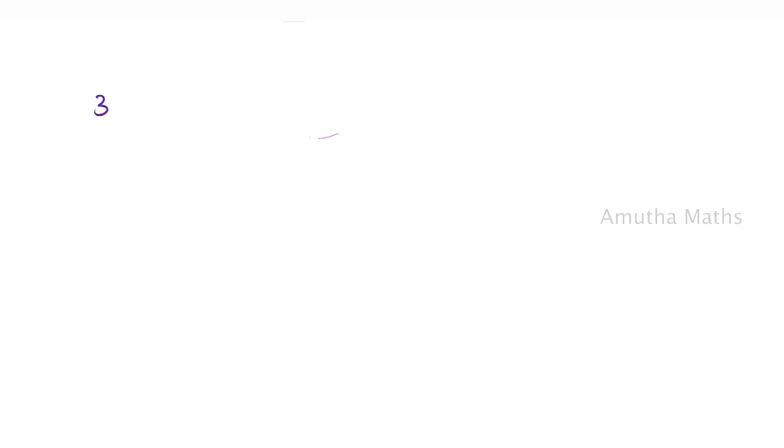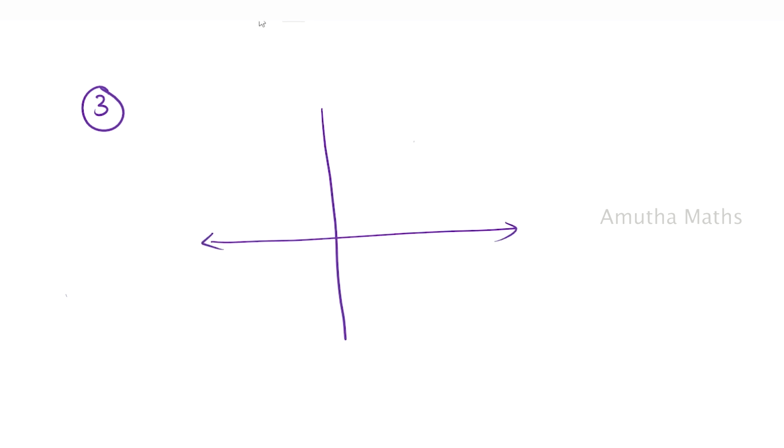So the third one is all the n roots of unity lie on the circumference of the circle. இப்போ எல்லா ரூட்ஸும் எதுல இருக்கும்னா circumference of the circle. Okay. So all the n roots of unity lie on the circumference of the circle. So here this is the origin, this is the unit circle. Okay.